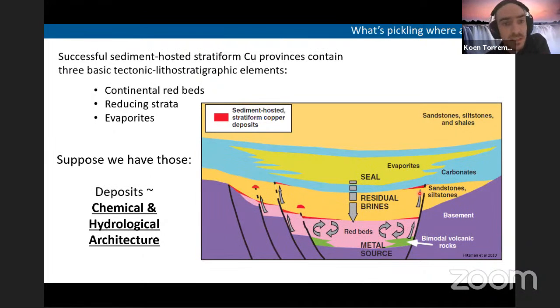Some faults probably continue through later times, and then that's capped by evaporites and carbonates in a layer cake style. And then you've got further post-rift sequences.